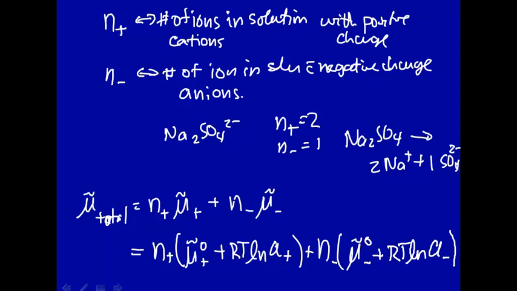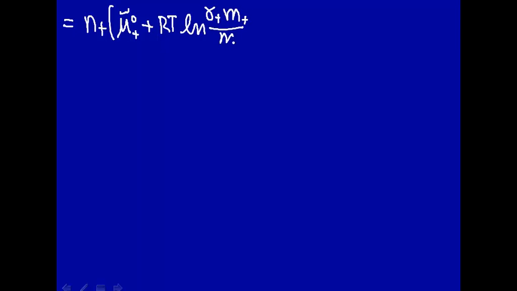Now let's substitute in activities with our concentrations and activity coefficients. So this is then equal to the number of plus times the standard state electrochemical potential of the plus, plus RT times the natural log. Again, we're going to put gamma of the plus, when doing the plus species, times the molality of the plus divided by the standard state molality.